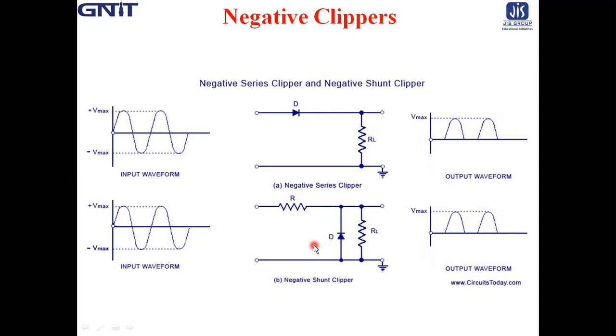The total input voltage occurs across D during the positive half cycle, while practically no voltage drop occurs across D during the negative half cycle. The output waveform is shown here, which clips off the negative half cycle only and retains the positive half cycle, resembling that of a half wave rectifier.